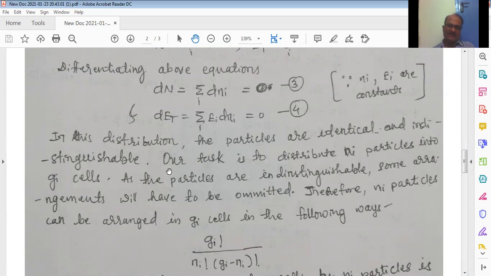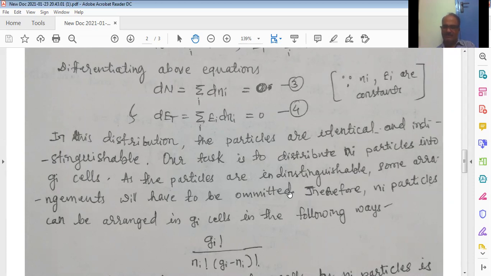So next, in this distribution, the particles are identical and indistinguishable. So our task is to distribute Ni particles into Gi cells. And as the particles are indistinguishable, some of the arrangements will have to be omitted because they are repetitions of some earlier arrangements.